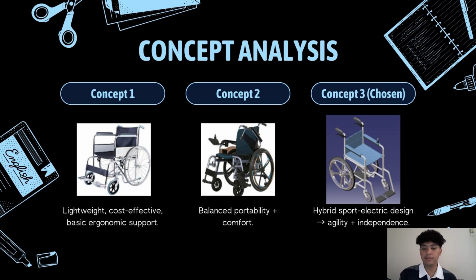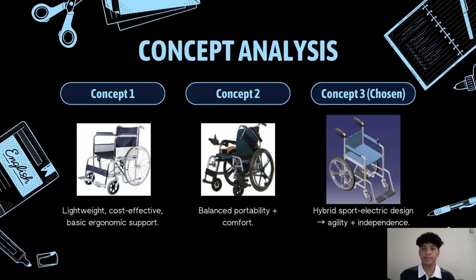The second, concept 2, moves toward a motorized solution, focusing on balancing portability with increased user comfort. Finally, we have concept 3, our chosen design. This is a hybrid sport electric model. It combines the agility of a sport chair with the independence of an electric one, effectively solving the limitations we identified earlier.